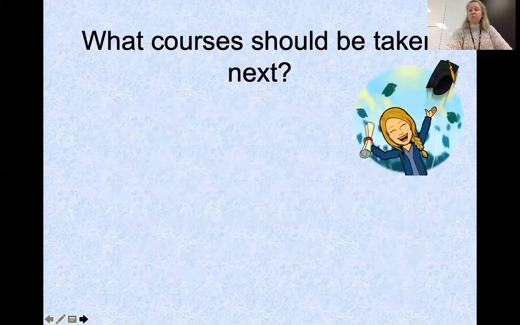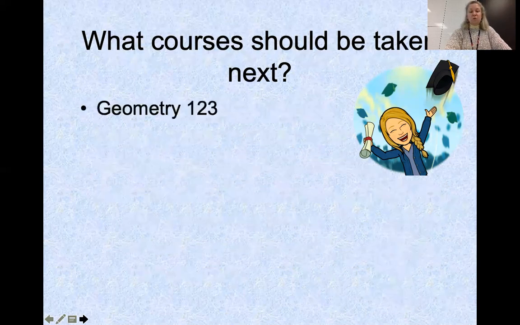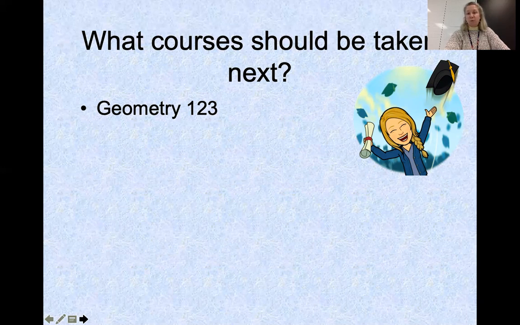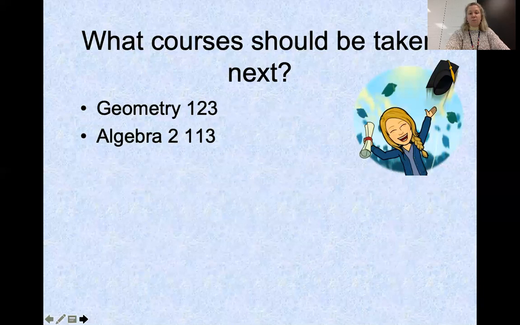What courses should be taken next so that we can achieve graduation? Students are required to take 3 math credits if they are in 9th or 10th grade. Our 11th and 12th grade students are required to have 4 math credits. So if they are a 9th or 10th grader, the next course that you would take after Algebra 1 103B is Geometry 123.